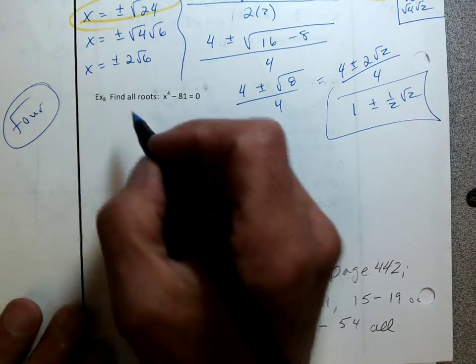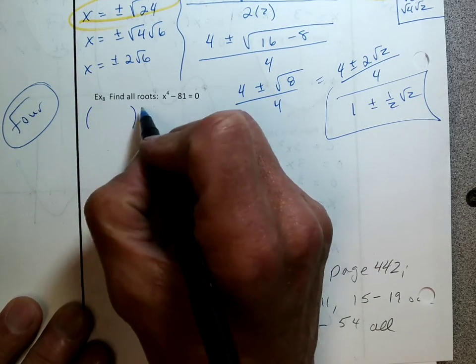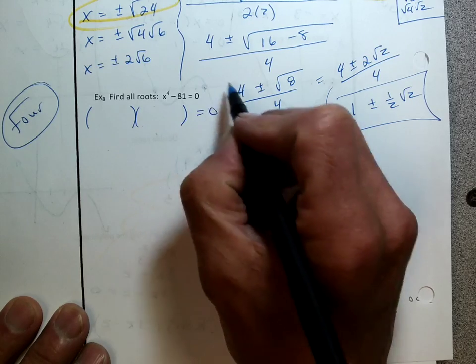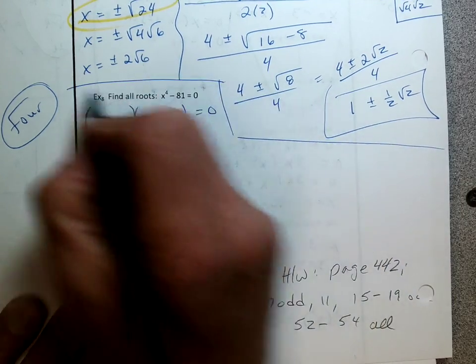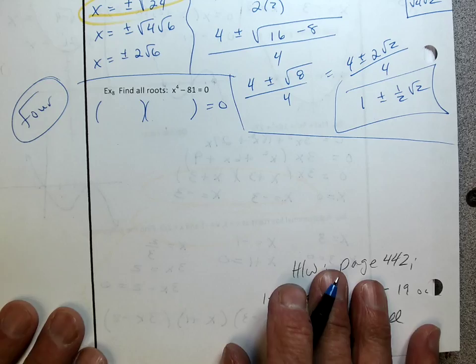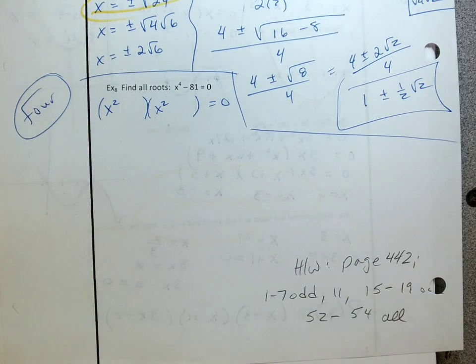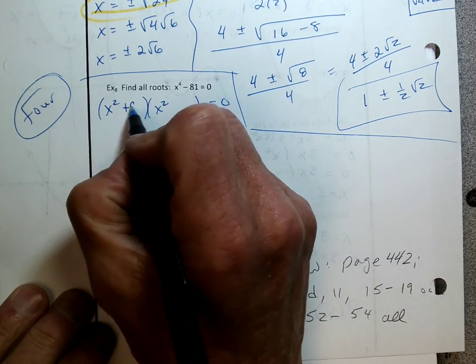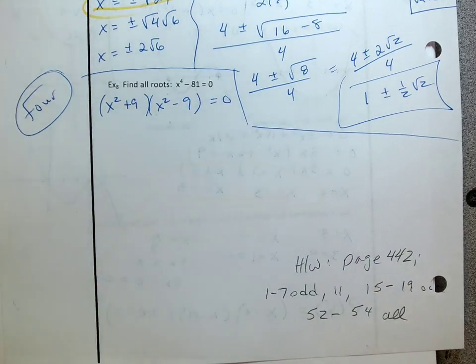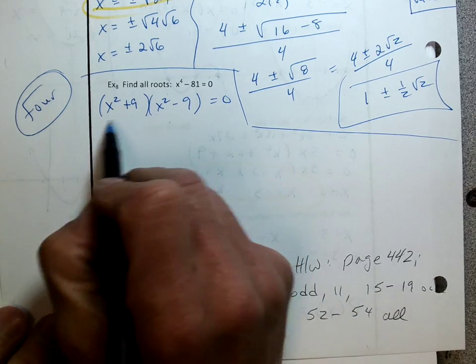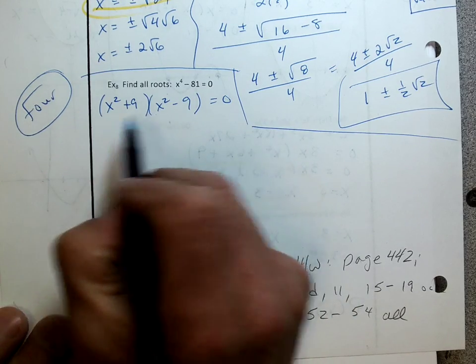So I'm going to factor it. X squared plus 9 minus 9, okay? That makes sense, right? This won't factor again, but this one will.